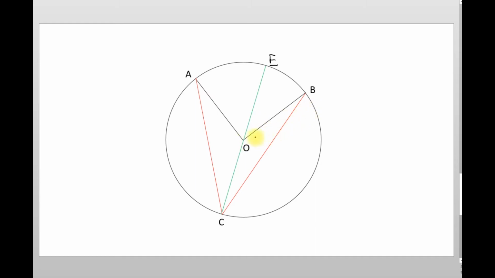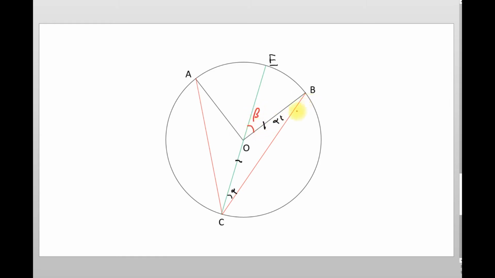In this triangle OBC, OB and OC are the radii of the circle, so they are equal. Therefore, the triangle OBC is an isosceles one, because OB is equal to OC, which means this angle, if I call this little alpha, is equal to this angle.